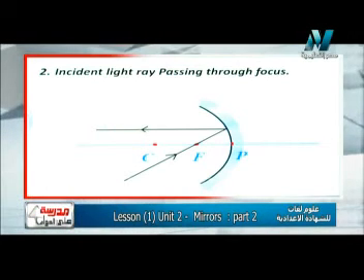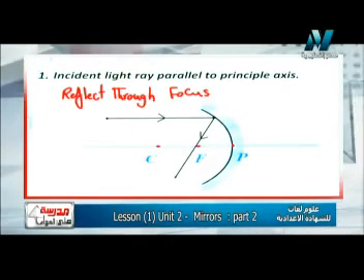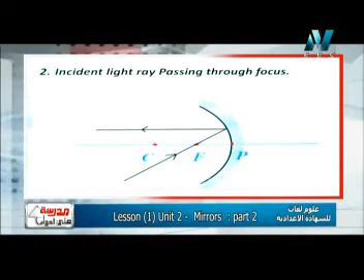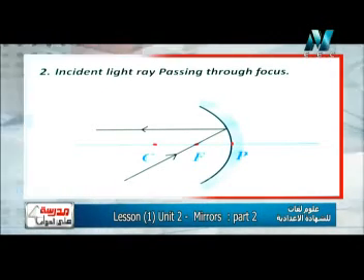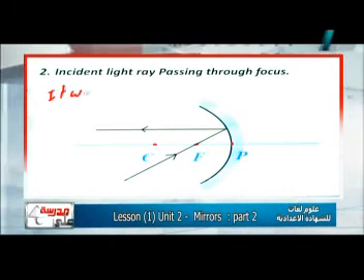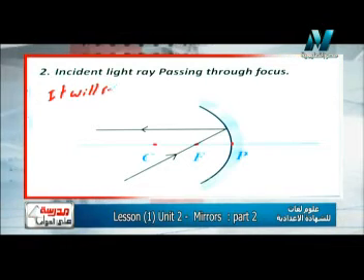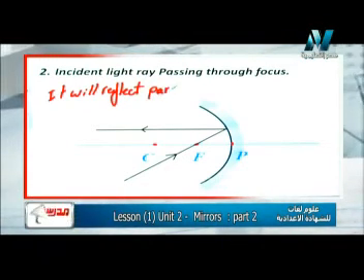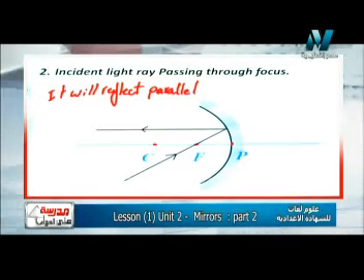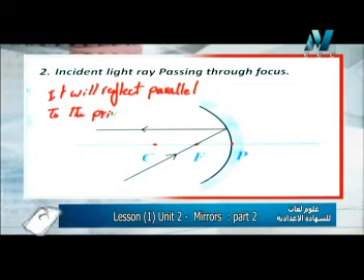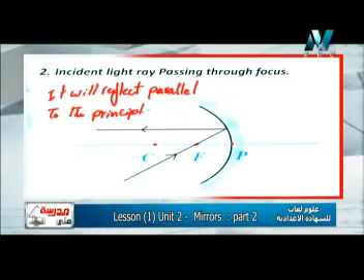So the first one and the second one are inverse to each other. So here we can answer why it will reflect parallel to the principal axis.